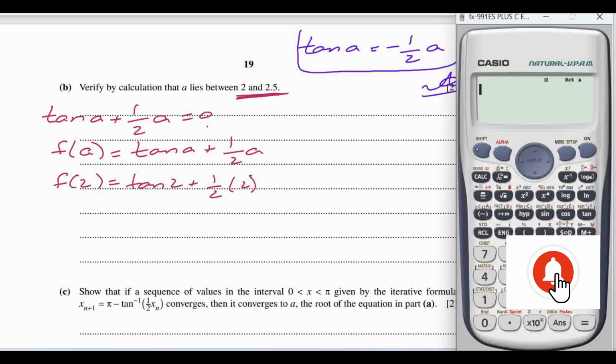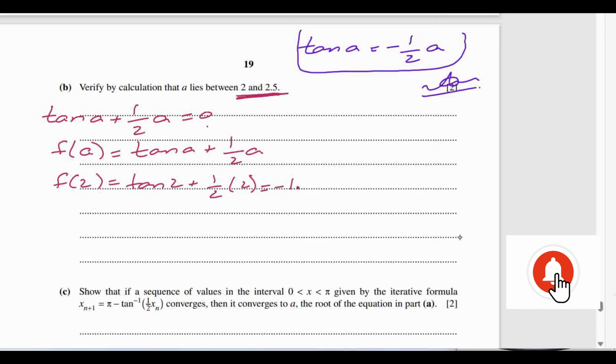So let's see. tan of 2 plus 1 by 4 will be equal to minus 1.185. Now let's find out the other one. f of 2.5 is equal to tan of 2.5 plus 1 by 2 into 2.5.